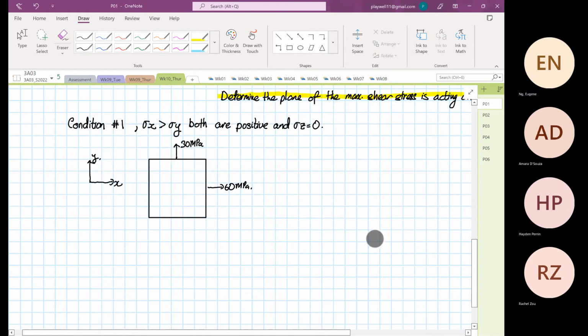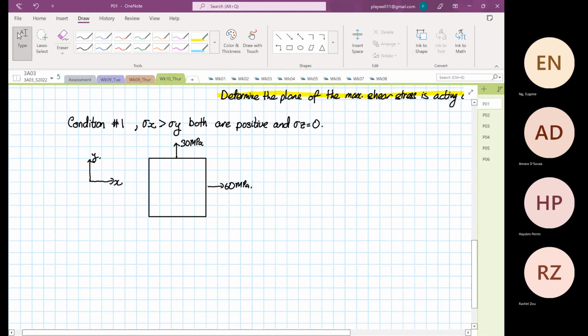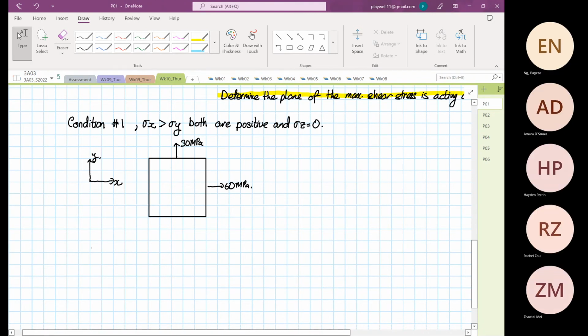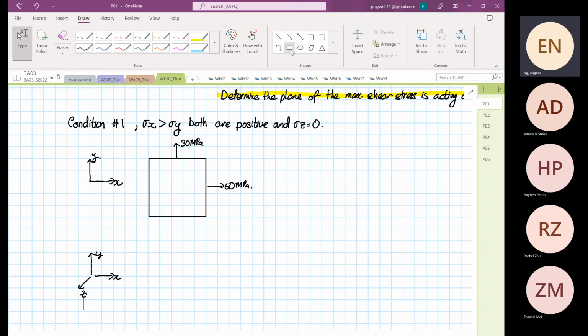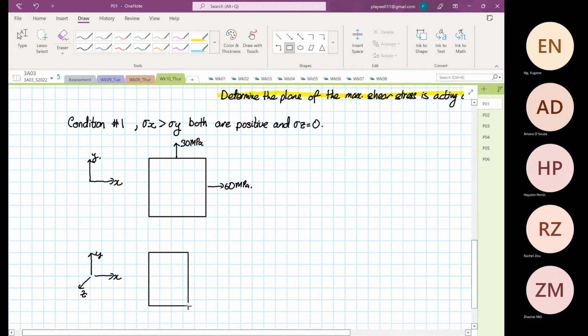Okay. In 3D, so now I'm going to construct this in 3D. So this is our X, Y, and this is our Z. Okay. Then I'm going to draw 3D. So we have a 3D.